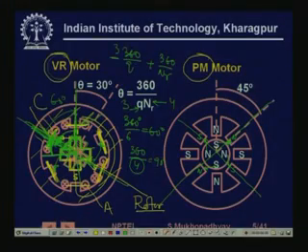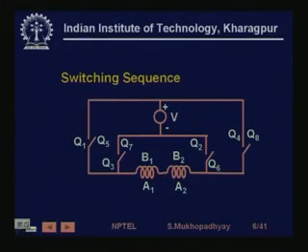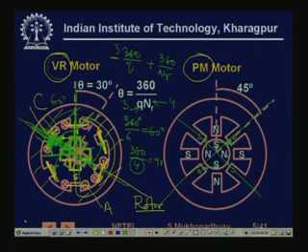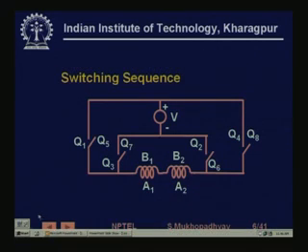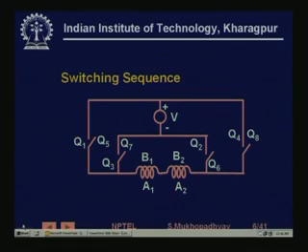Okay. So, moving on, now how do we excite the stator phases? Right. Let us take a two phase case. So, we have two coils, A1 A2 and B1 B2.